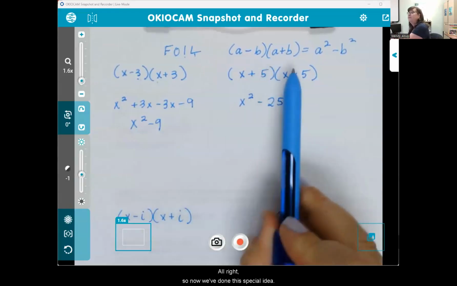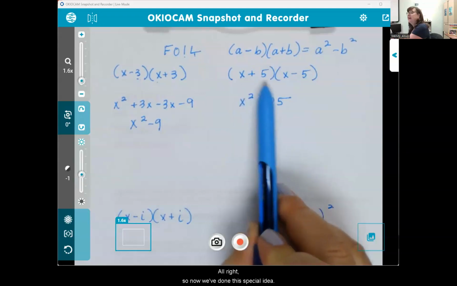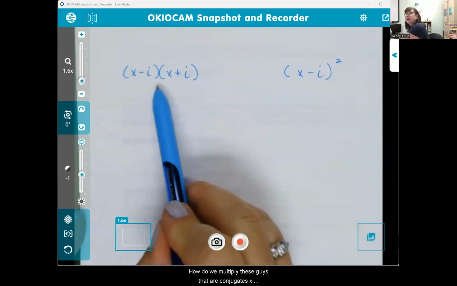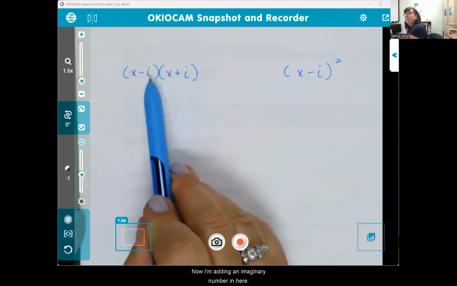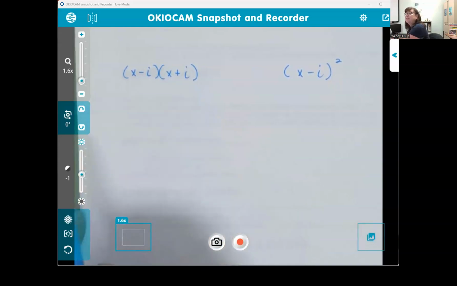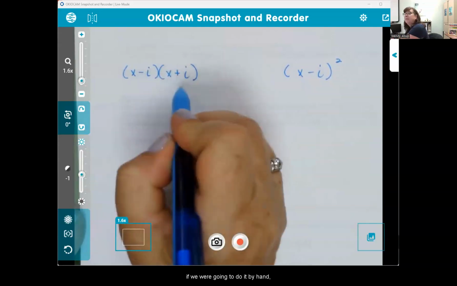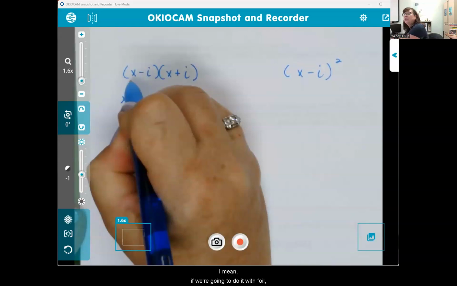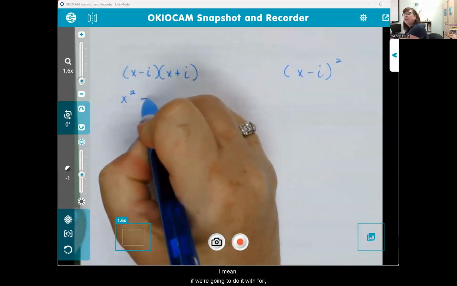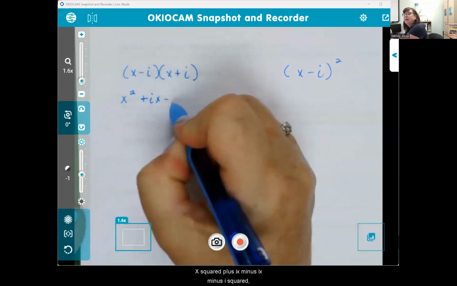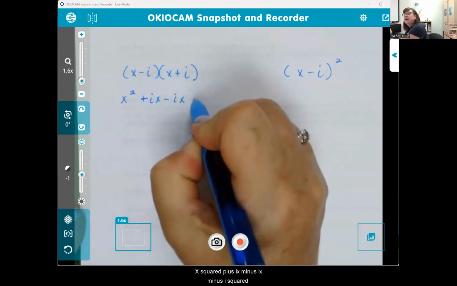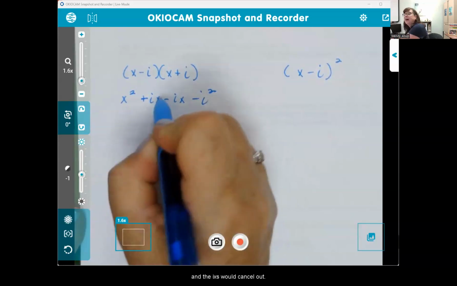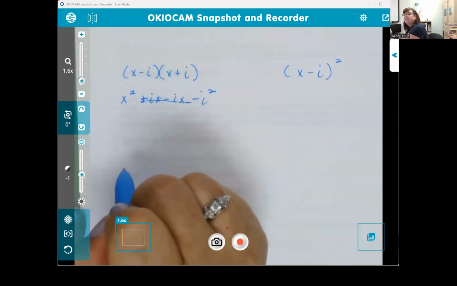All right. So now we've done this special idea. How do we multiply these guys that are conjugates? x minus i, x plus i. Now I'm adding an imaginary number in here. Well, if we were going to do it with FOIL, x squared plus ix minus ix minus i squared, and the ix's would cancel out.